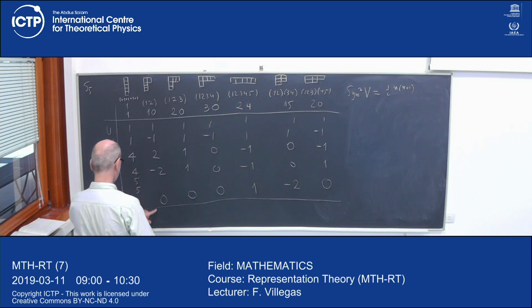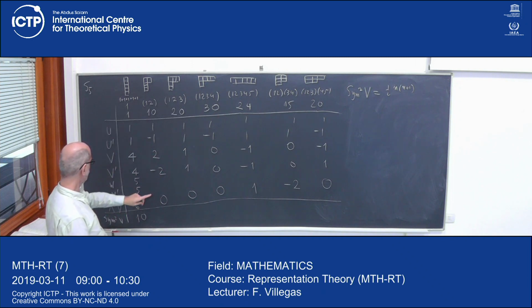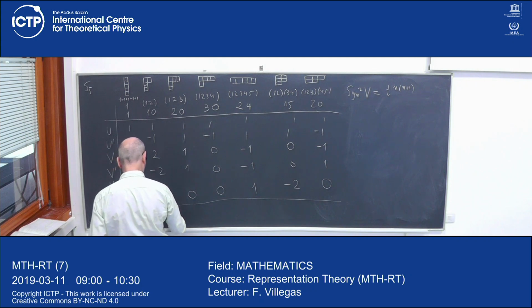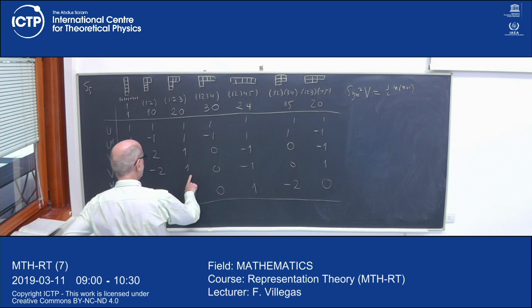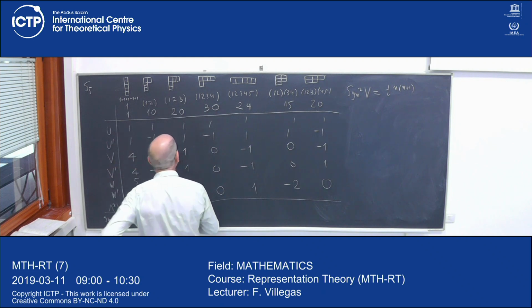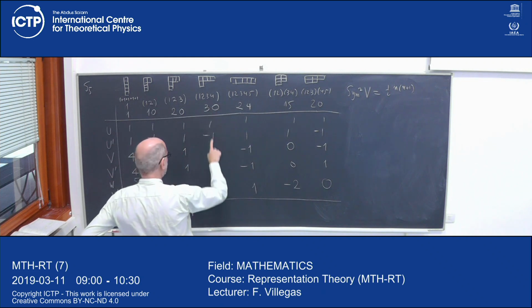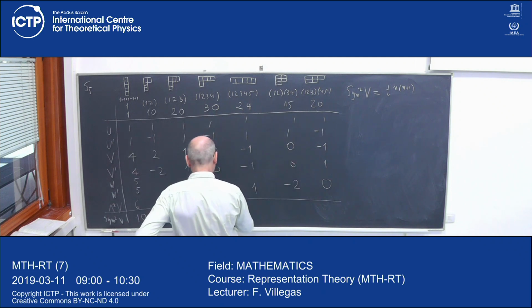Okay. So how about the next guy? This was the identity, so 2 squared is 4 plus 4 divided by 2, so that's 4. This guy, 1 squared plus 1 is 1. This one is 0 plus 0 is 0.